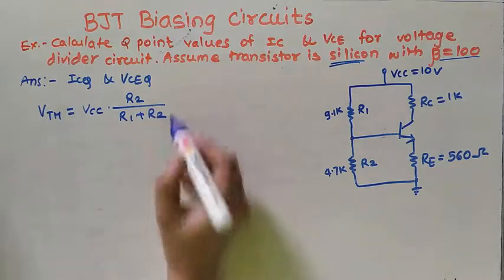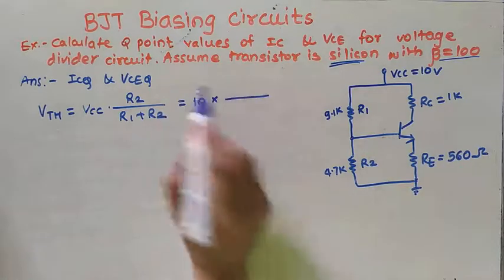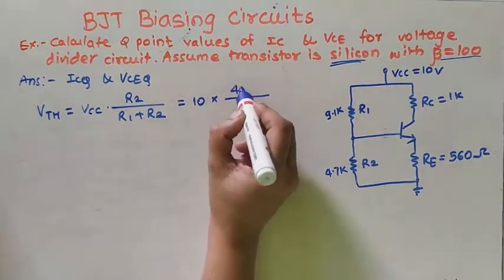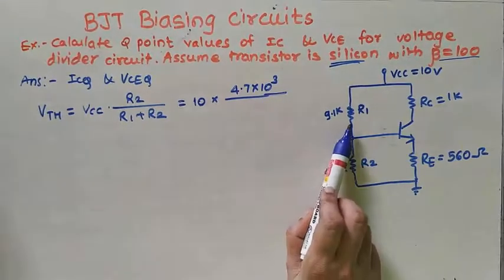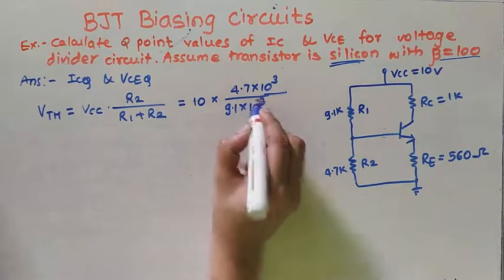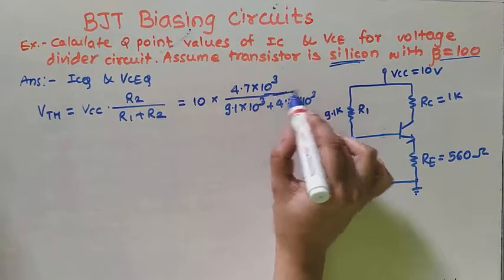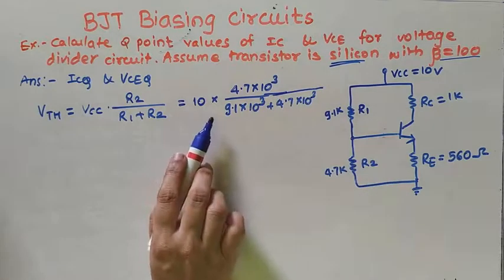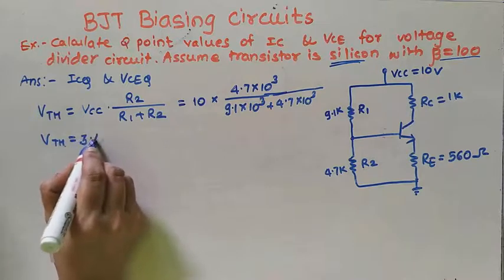VCC supply is given as 10, R2 is 4.7K, that means 4.7 into 10 raised to 3, and R1 is 9.1K, so 9.1 into 10 raised to 3 plus 4.7 into 10 raised to 3. When we solve this, we'll have the value of VTH equal to 3.4 volt.